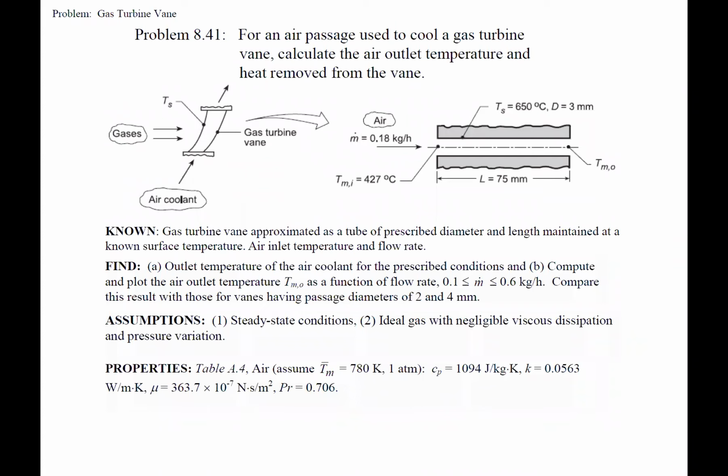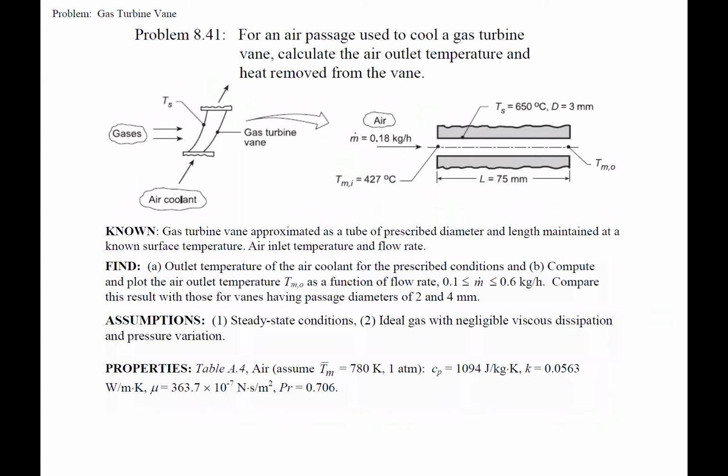For an airflow rate of 0.18 kilograms per hour, calculate the air outlet temperature and the rate of heat removed from the vane. Part B is to generate a plot of the air outlet temperature as a function of the flow rate for 0.1 to 0.6 kilograms per hour, and compare this result with those for vanes having 2 and 4 millimeter diameter tubes with all other conditions remaining the same.